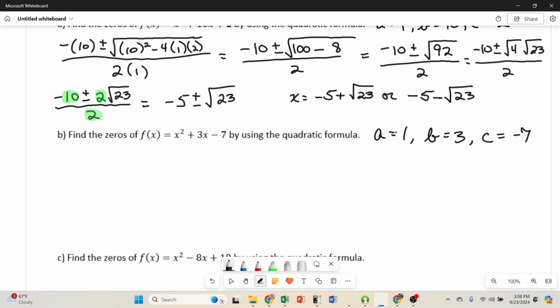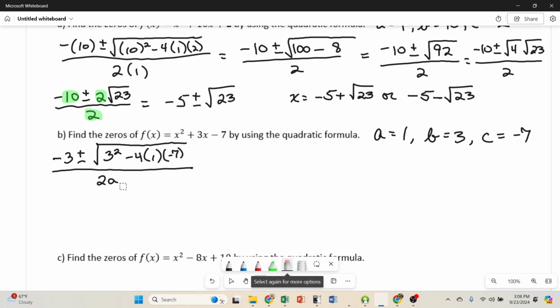So what we're going to do here is just plug in negative b, negative 3 plus or minus the square root of 3 squared minus 4 times a, which is 1, times c, which is negative 7, over 2 times a, which is 1.